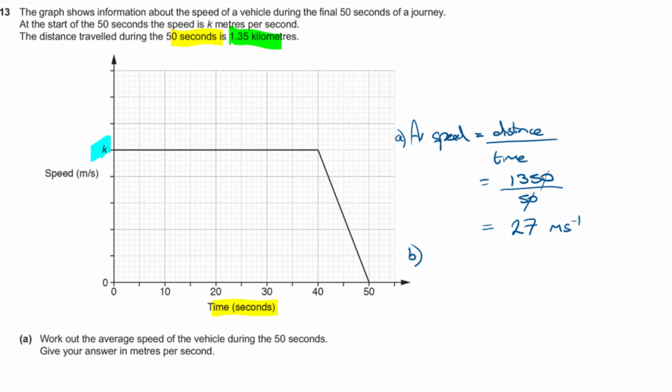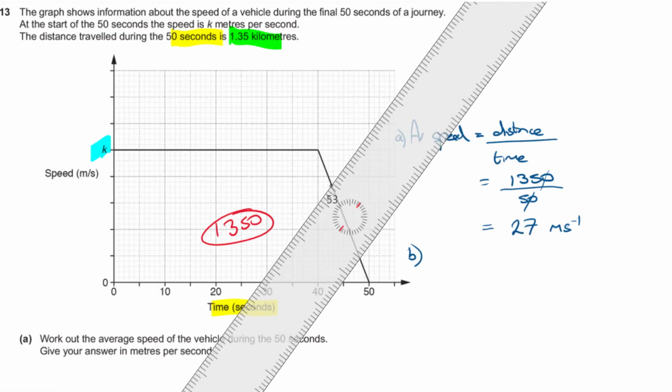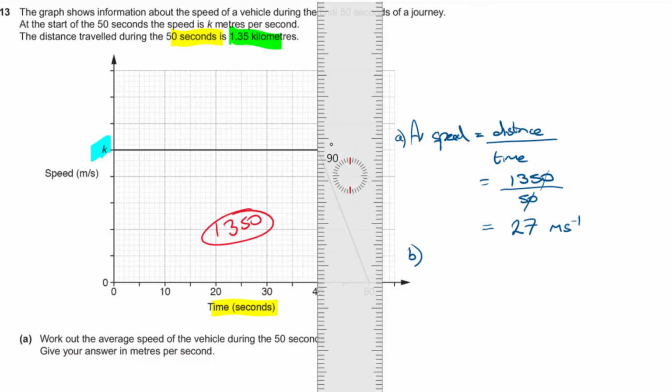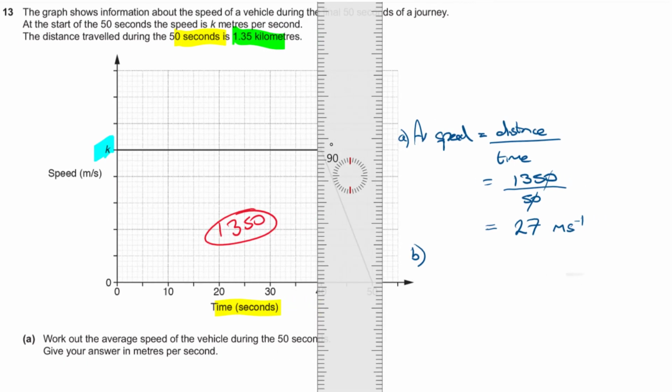And distance travelled in a velocity-time or speed-time graph is the area under the curve. So this space in here is going to be 1,350 meters altogether. That space under the curve. Now this space under the curve you can divide up into two distinct areas. You've got a rectangle part and a triangle part.